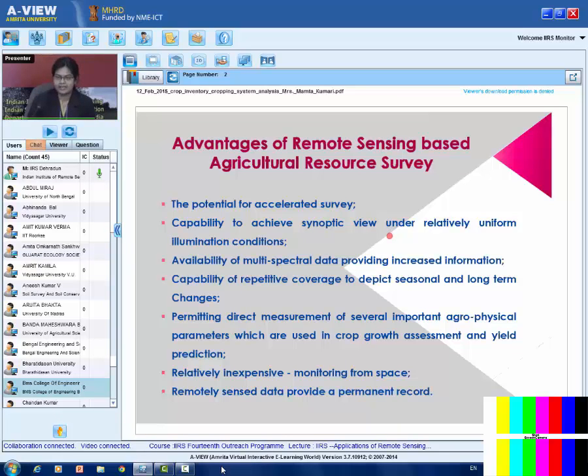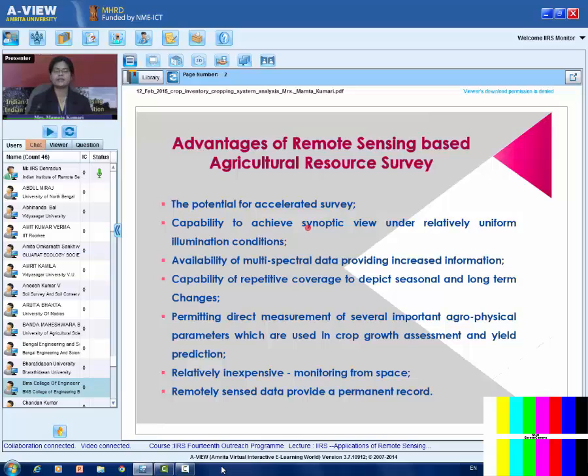Apart from that, it can collect information in various spectral regions, which vary from visible to microwave regions, so that it makes data collection possible in monsoon season also, in fully cloud-covered areas. Then we can discriminate various crops growing in the area simultaneously using multi-temporal data. Because of repetitive coverage, we can collect the data and differentiate various crop types as well as different crop growth stages.